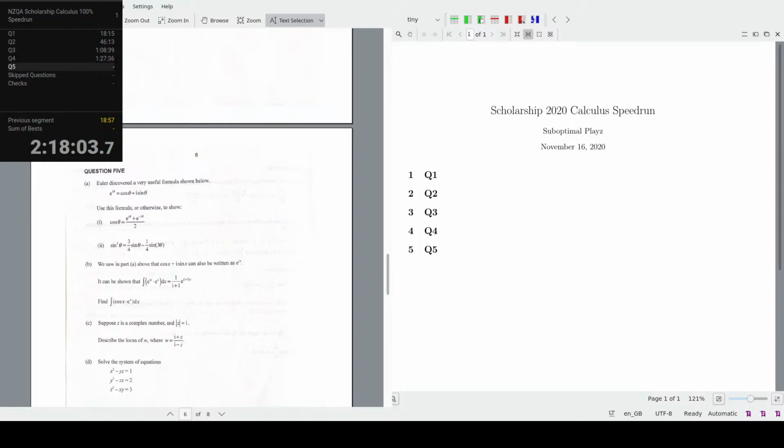Maybe there's some sort of substitution that works. Is there like just some random substitution? Because if these were linear rather than being quadratic, it would be like trivial.